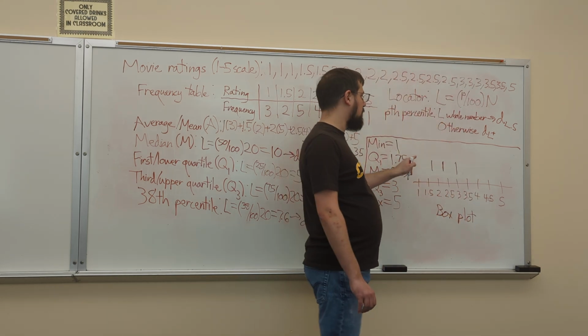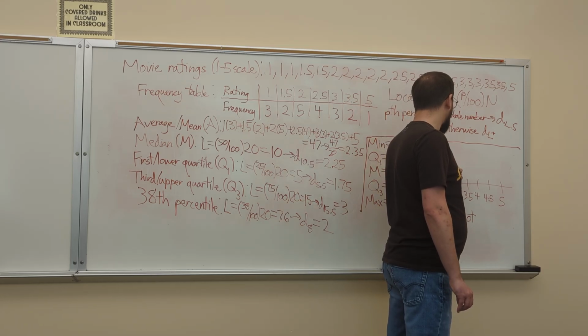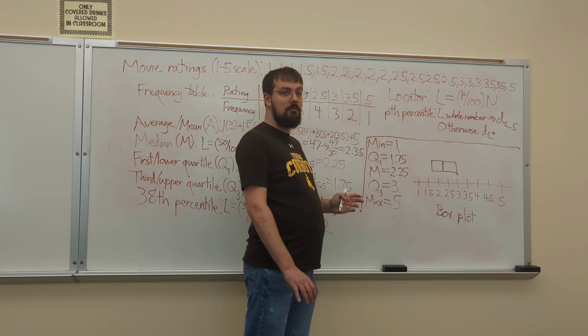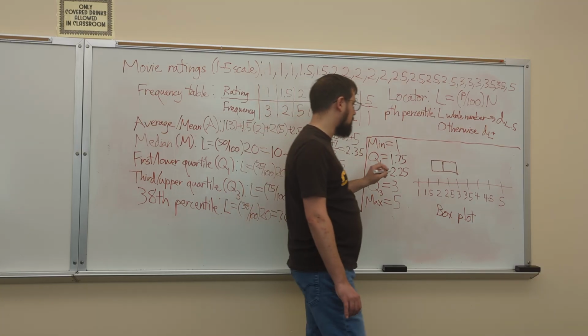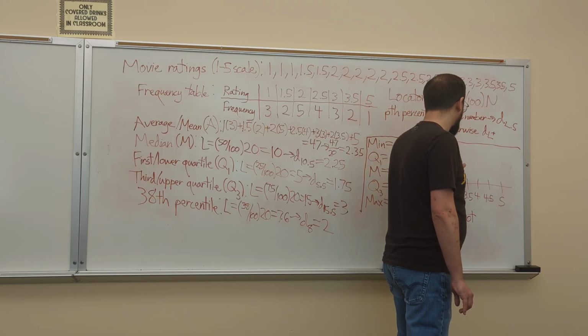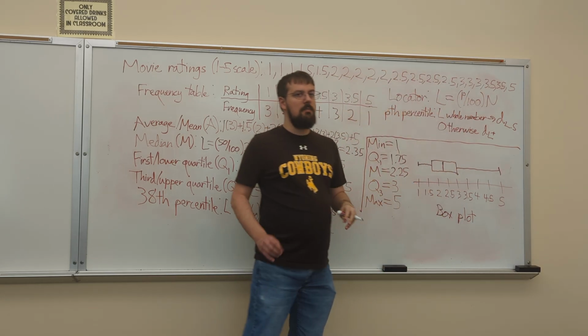And what we're going to do is we're going to draw a little box that has the median in the middle and the quartiles at the ends. Then we're going to take our minimum and maximum and we're going to draw these little whiskers extending out from the box that go out to the minimum and maximum.